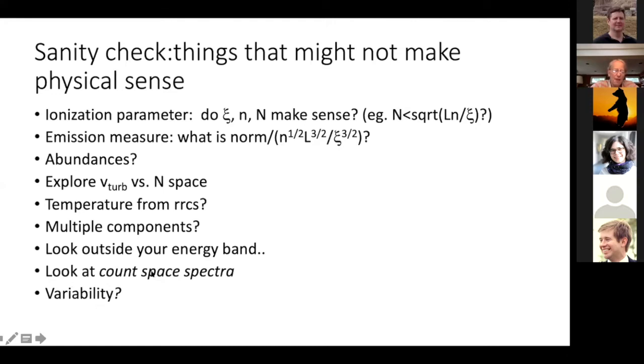And finally, you should look at count space spectra. This seems obvious for spectral fitting, but it is sometimes neglected that count space is more revealing of what fits and what doesn't fit than looking in flux space.